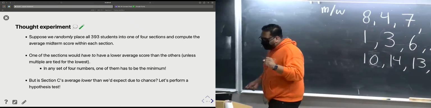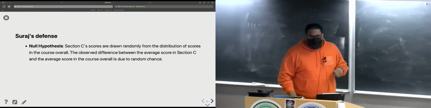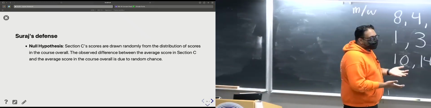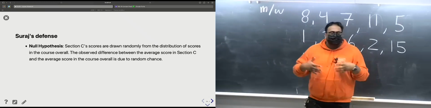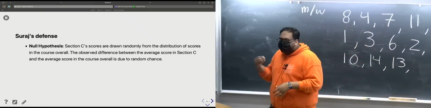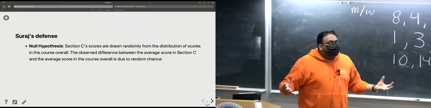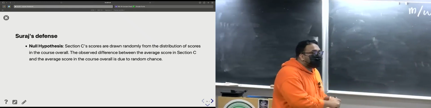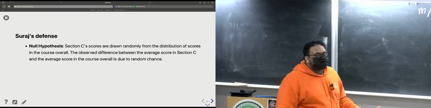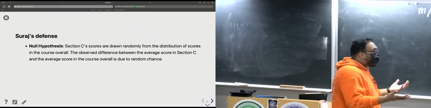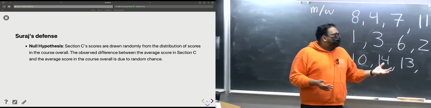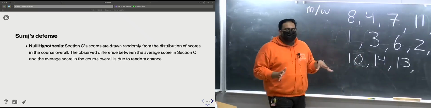Okay, so here are our null and alternative hypotheses. The null hypothesis, which again is the one that we will simulate data according to, is that the scores in this section are drawn at random from the scores of everyone in this course across all sections. And the fact that our average score was lower than the overall average score is just due to random chance.